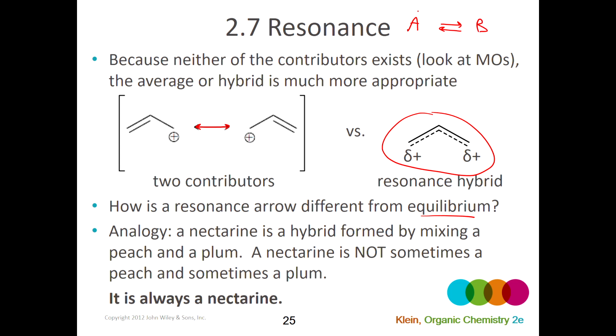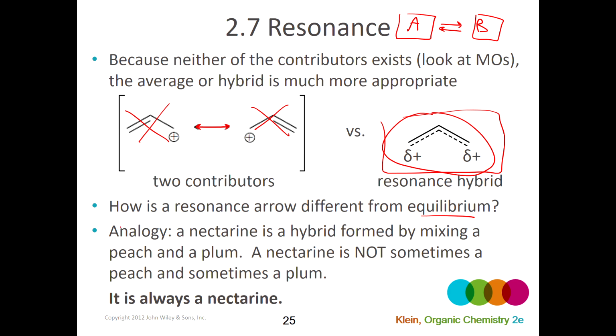Hopefully you remember that from Gen Chem 2, where we did a lot of equilibrium and nice tables. That means that A converts to B, B converts back into A, and these two just keep shifting back and forth. Some of the molecules will look like this, some will look like this. That's different from resonance. None of the molecules look like either of these, but it's useful to draw them because they help us understand what the true structure looks like.